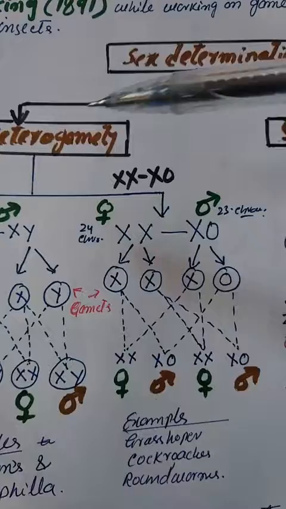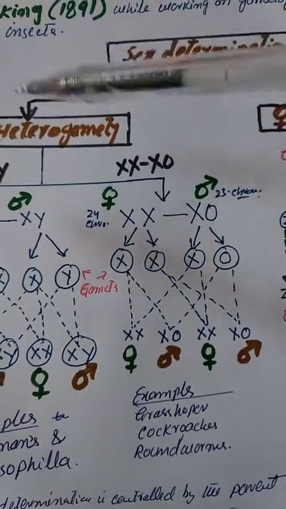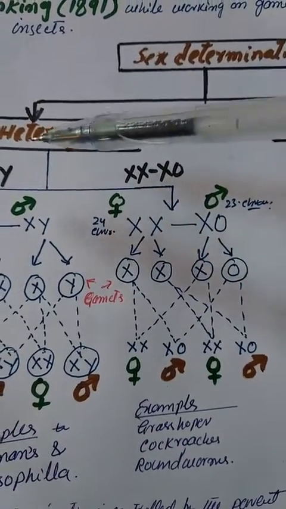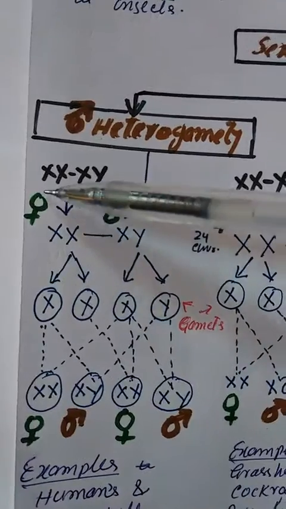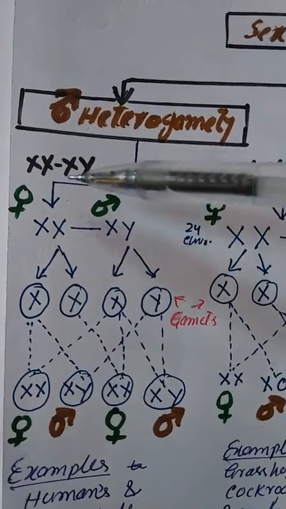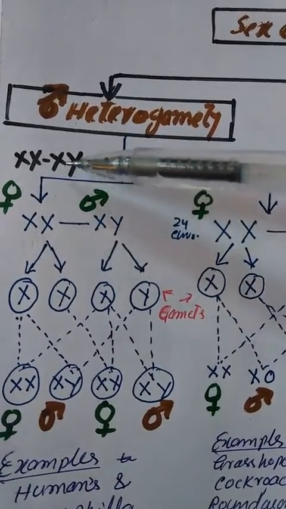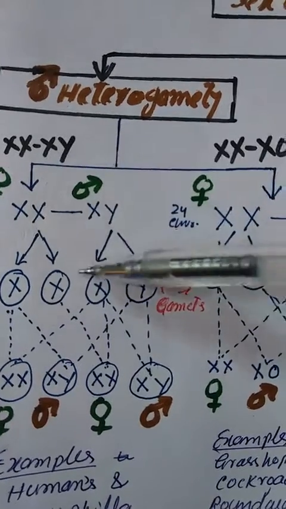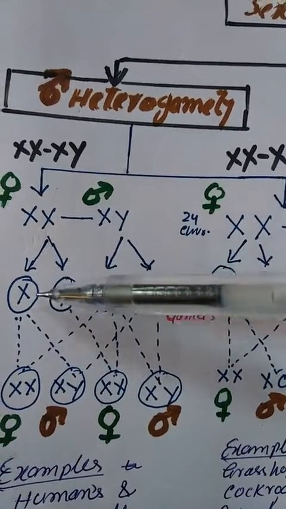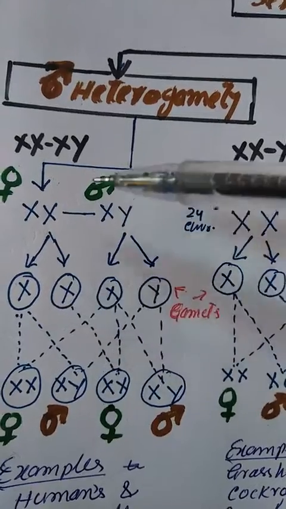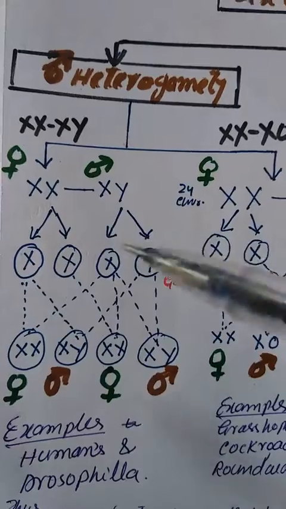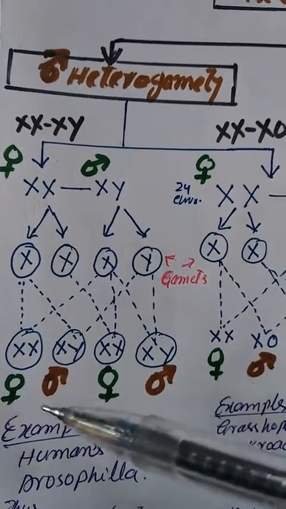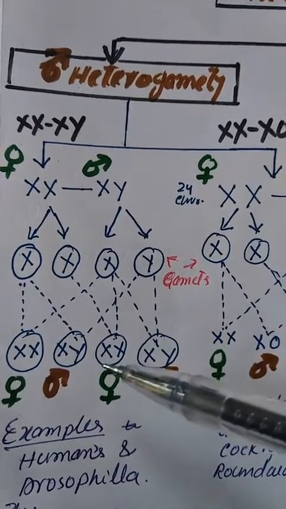In human beings, the male heterogamety is XX and XY type. That is, the males produce two heterogametes, X and Y, while females produce similar gametes, X and X. And upon fertilization, the chance of producing a male or female baby is 50%.